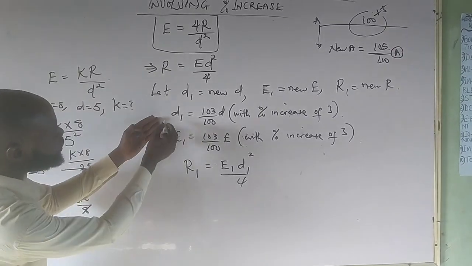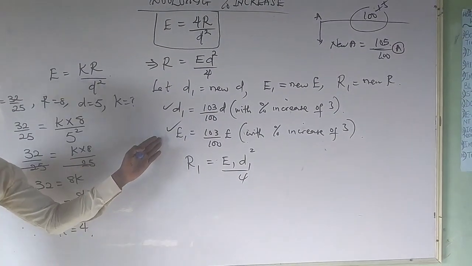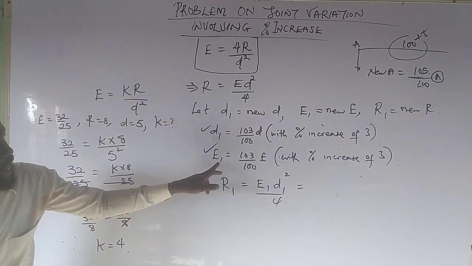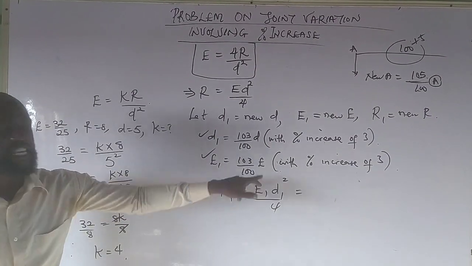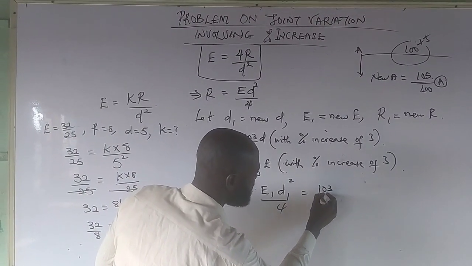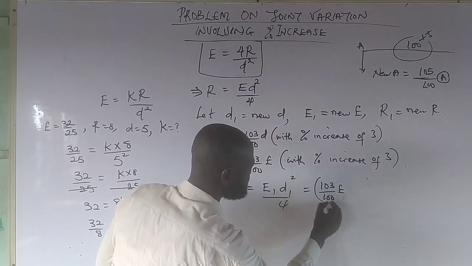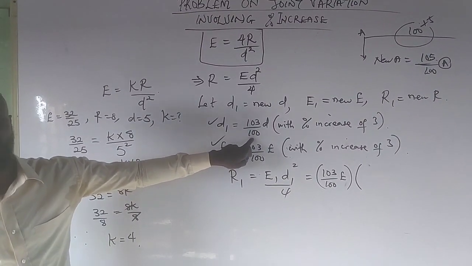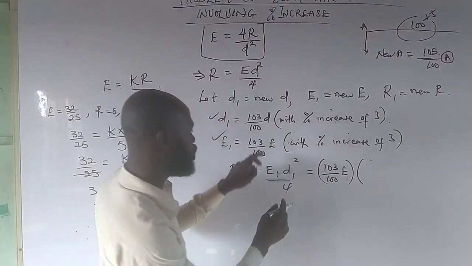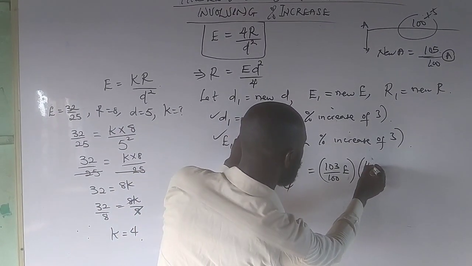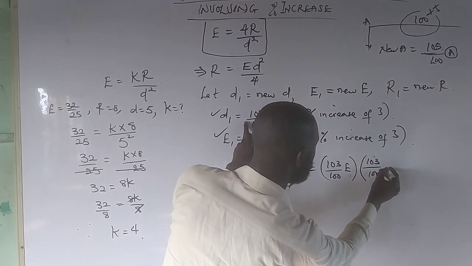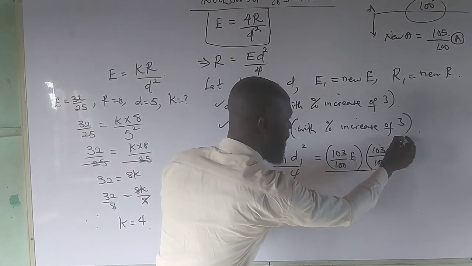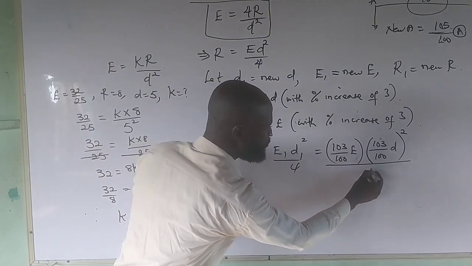So let us substitute these expressions. We have E1, which is 103 over 100 of E, times D1, which is 103 over 100 of D, squared, then everything divided by 4.